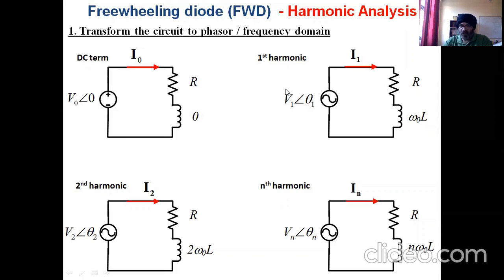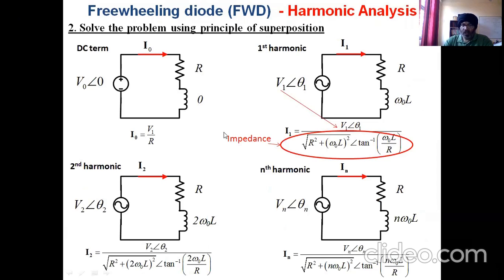And for the first harmonic, how much is the magnitude of that particular voltage or current signal, and what is the phase angle. So we convert that into polar form, and then we can easily find out this current in this impedance, and then solve these using the superposition theorem.